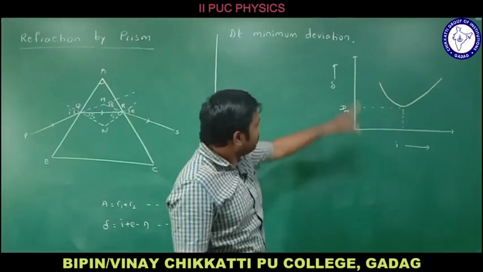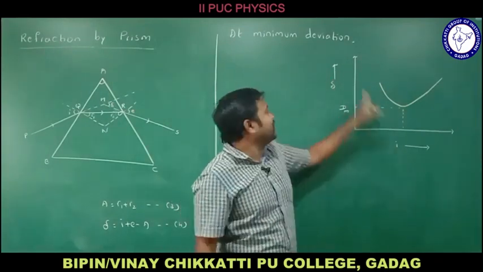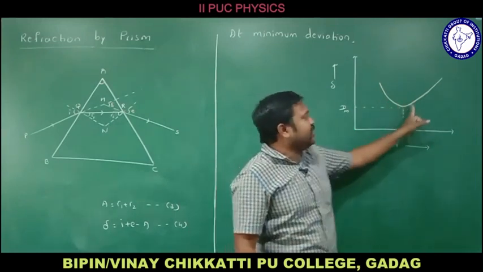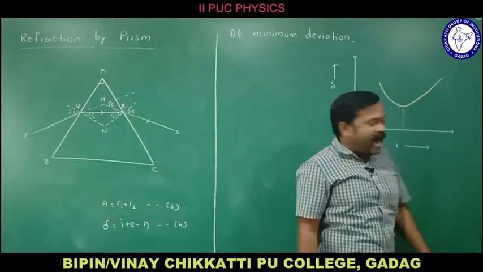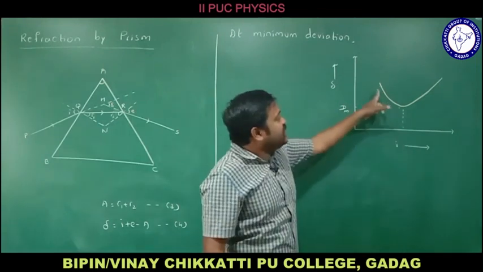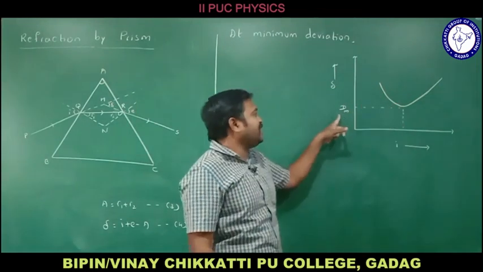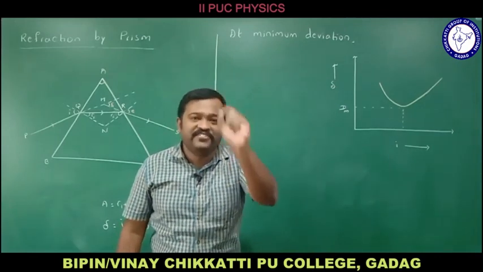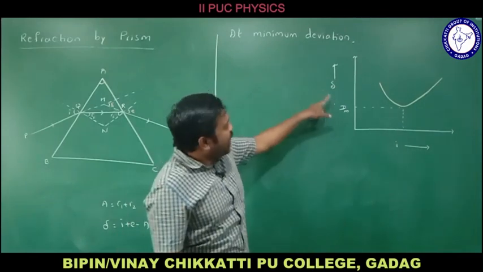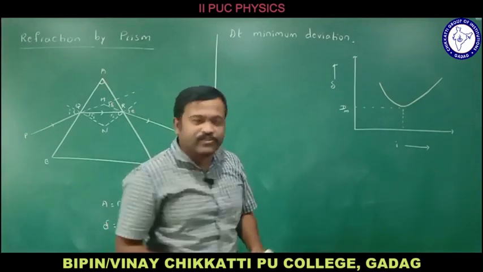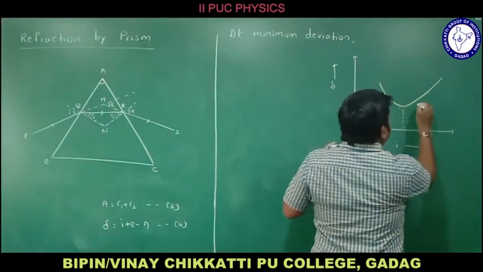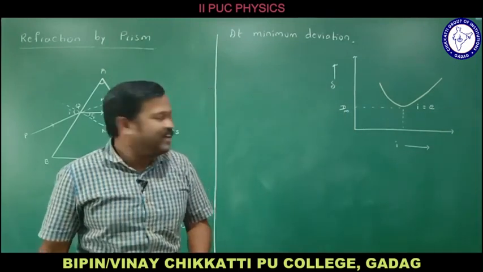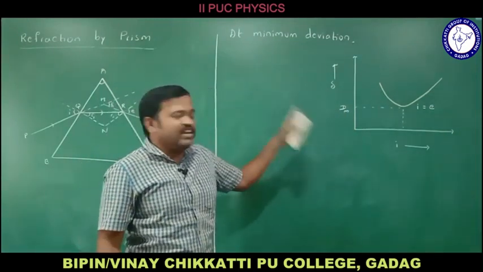At a particular angle of incidence, deviation is minimum, and that angle of deviation is called the angle of minimum deviation. This takes place when angle of incidence is equal to angle of emergence.